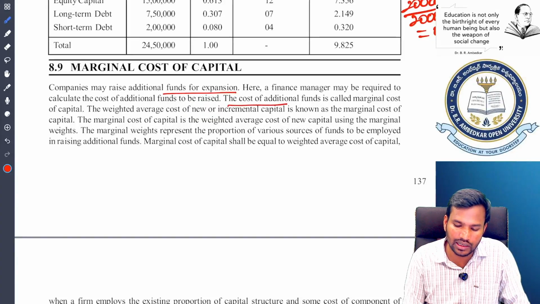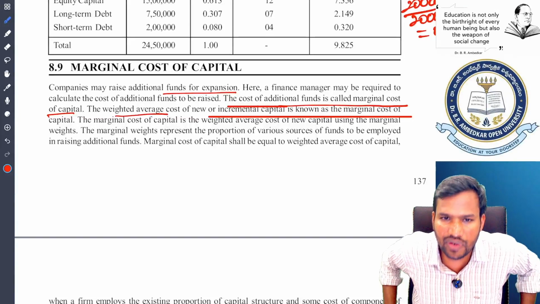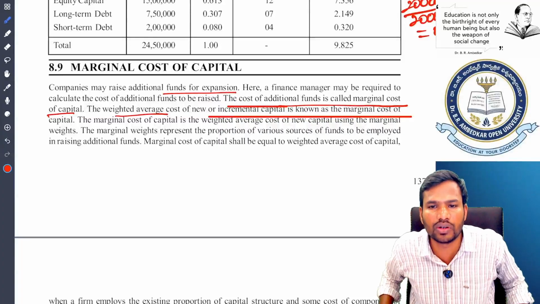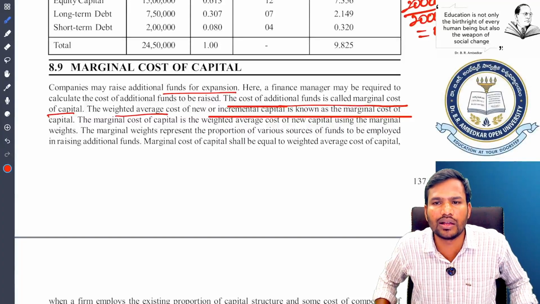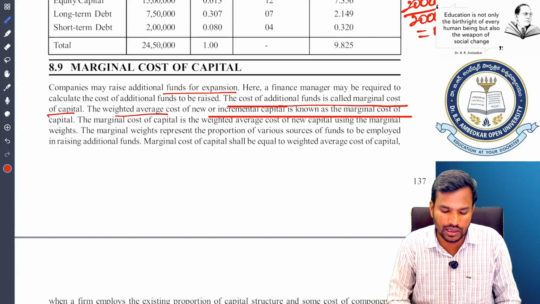The cost of the additional funds is called marginal cost of capital. If we procure an additional amount in the form of capital, on that also we need to calculate the cost of capital. This will become the marginal additional cost.